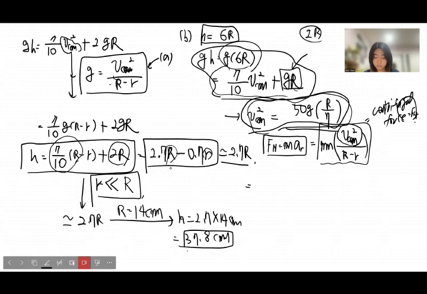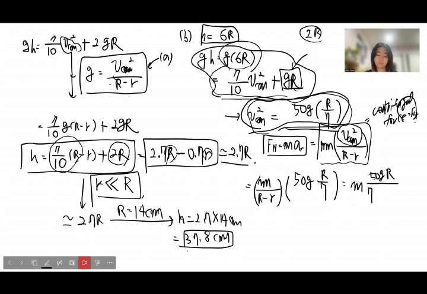Then that should be m times r over small r times 50 g r over 7. We'll rearrange it. That should be m 50 g r over 7 r minus small r.